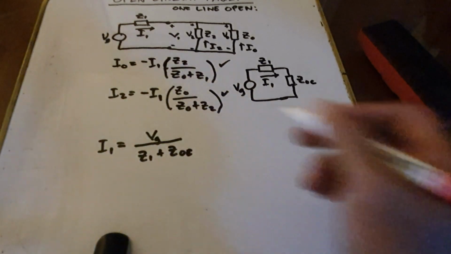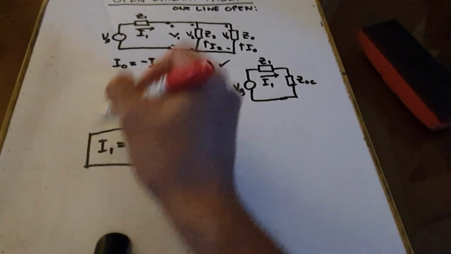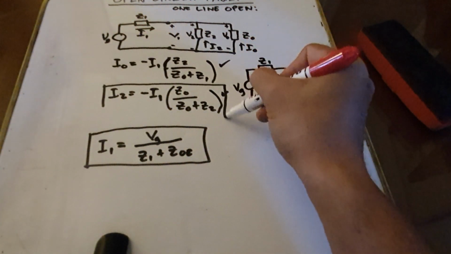Okay, so these are now the formulas for the currents during the one line open.